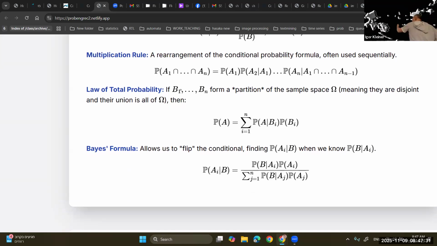Suppose we want to find the probability of A given B, the conditional probability, and in many cases it's convenient to find it using the Bayes rule. It's the probability of B given A times the probability of A divided by the probability of B. That's the famous Bayes formula.